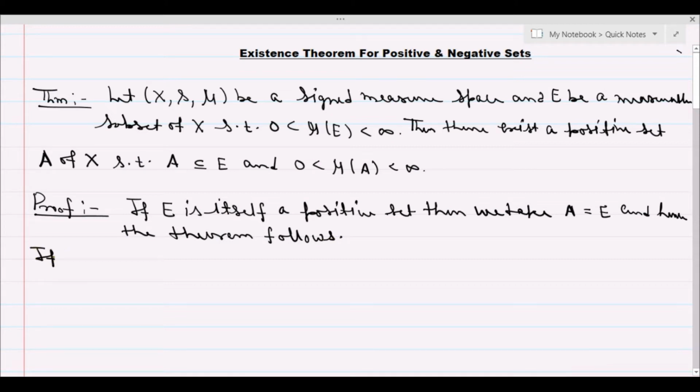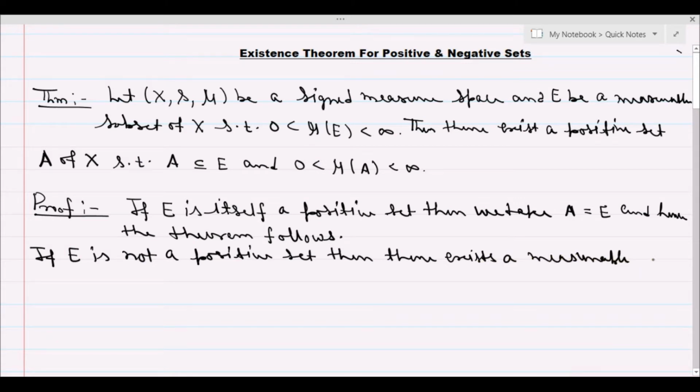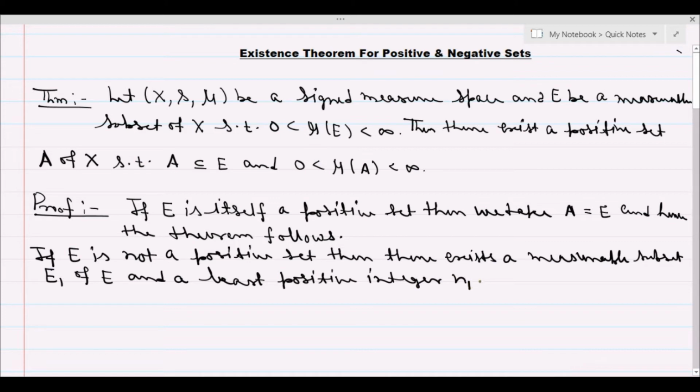Next, if E is not a positive set, then there exists a measurable subset E1 of E and a least positive integer n1 such that mu of E1 is less than minus 1 upon n1.